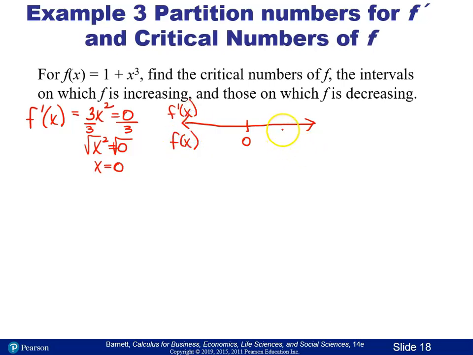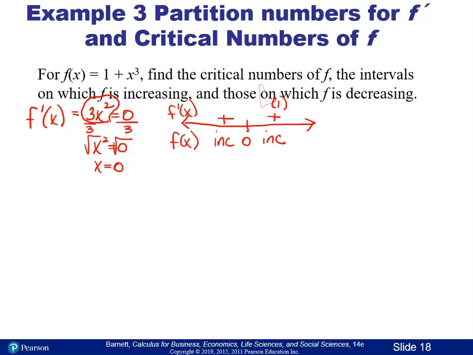So when we do this, if we put the number 1 into our first derivative, 3x squared, that's going to be positive, because 1 squared is still positive. If I put negative 1 in, 3 times negative 1 squared, a negative 1 squared becomes a positive, so this is positive. Because my first derivative is positive for both parts, it's increasing for both intervals.